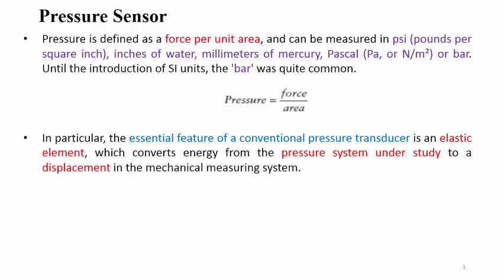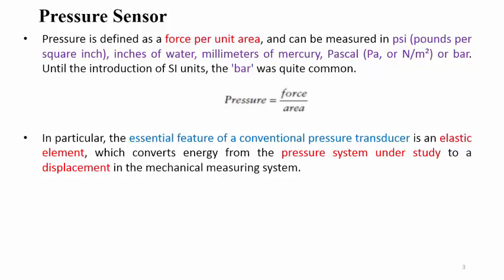In particular, the essential feature of the conventional pressure transducer is an elastic element, which is observed in all pressure sensors, and which converts energy from the pressure system under study to a displacement in the mechanical measuring system.